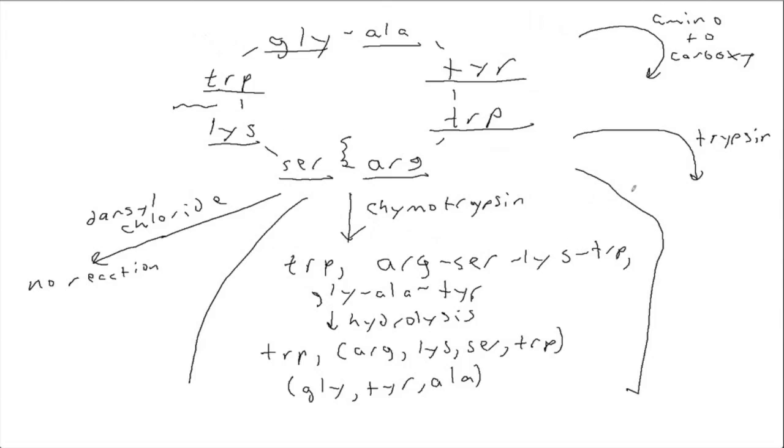And that's it. So what fragments would you get? You would get serine and lysine linked together, and tryptophan, glycine, alanine, tyrosine, tryptophan again, and arginine.